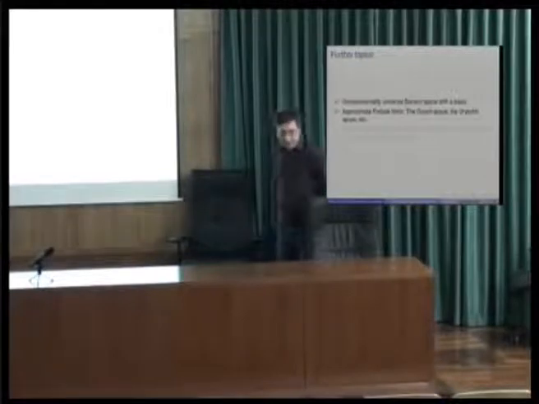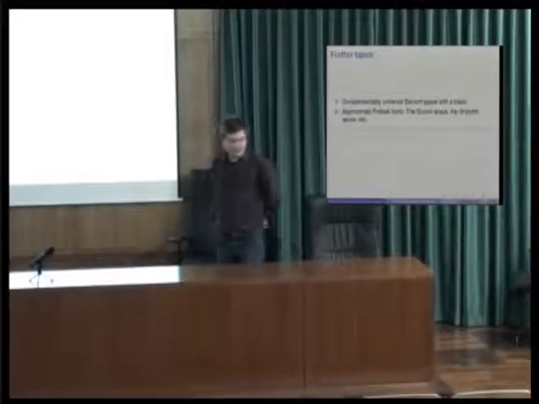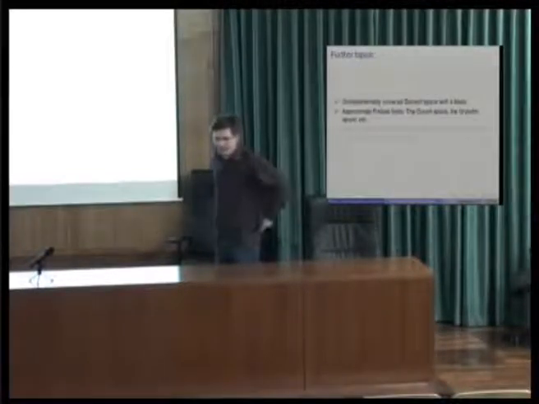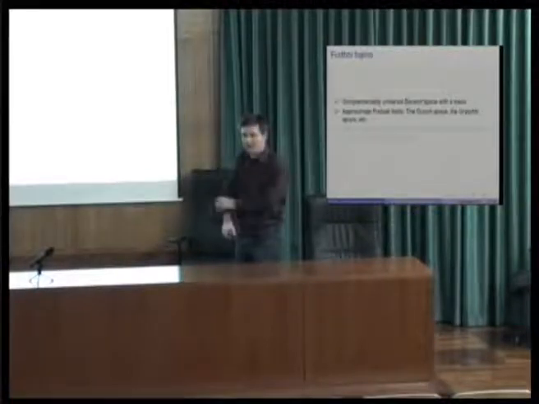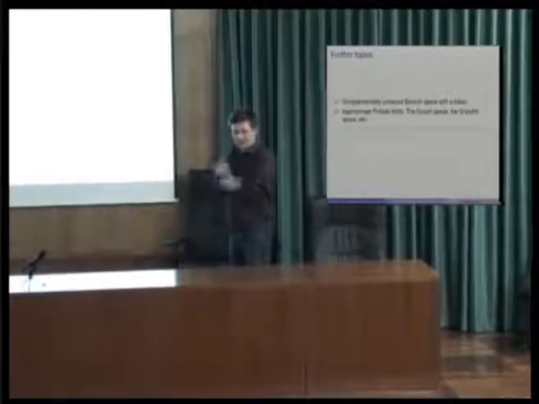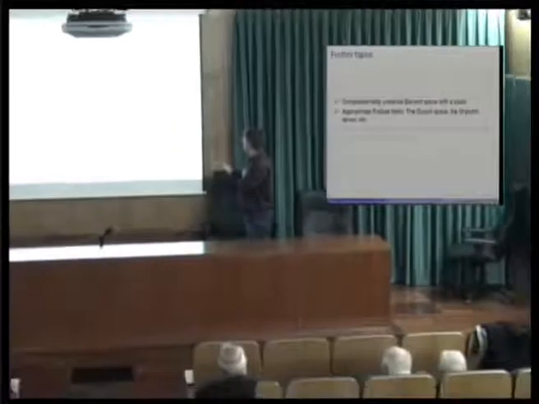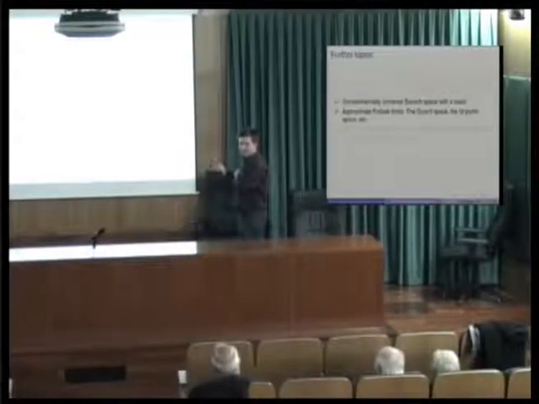Some embeddings are isometric, some embeddings are almost isometric. So for each arrow you can define some sort of norm of the arrow, a measure which tells you how far it is from an isometry.